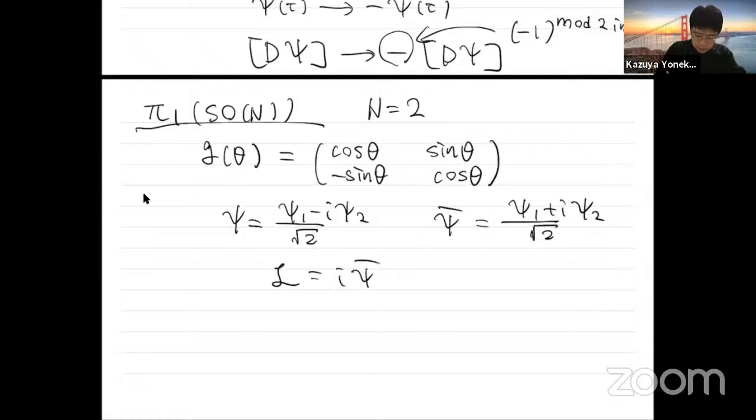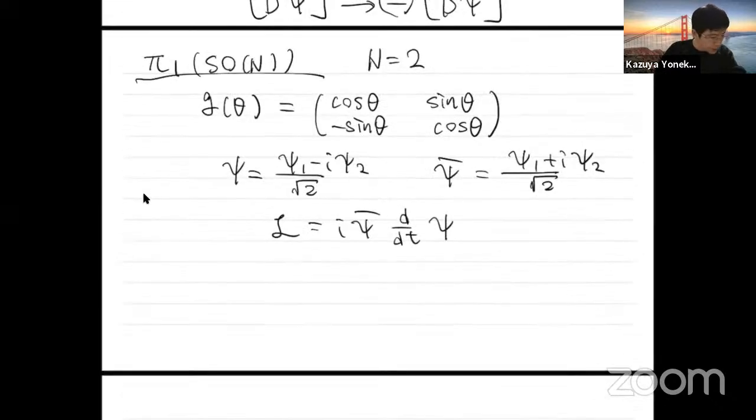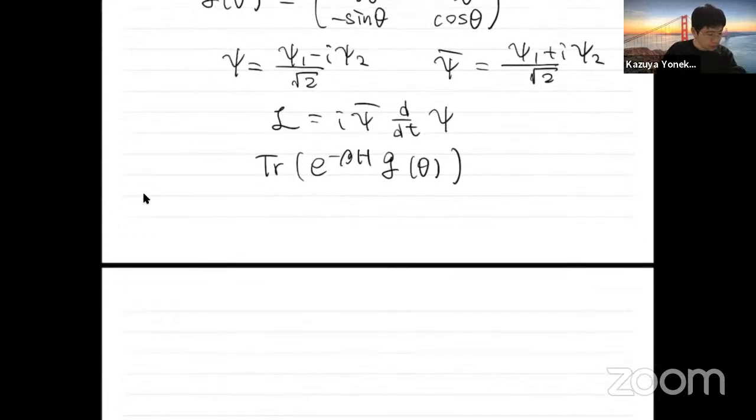So this is just psi bar d_t psi. And then I consider partition function with a twist given by this element.